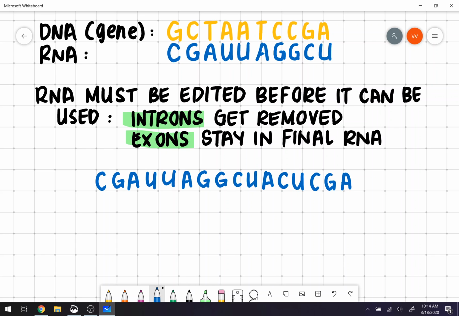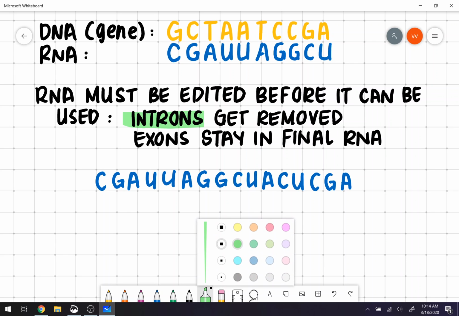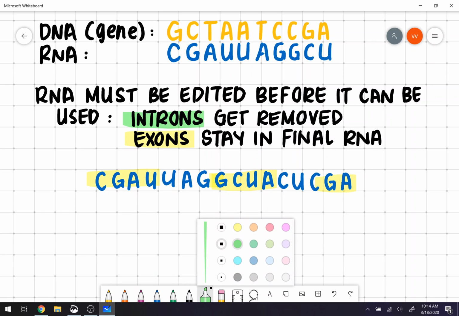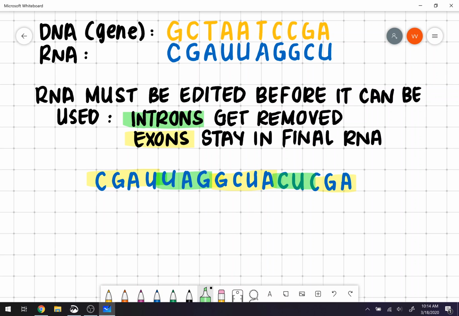Let's make exons a different color here. Let's pretend in this RNA molecule you have regions that need to stay in the final molecule, and then you have regions that don't code for anything, right?